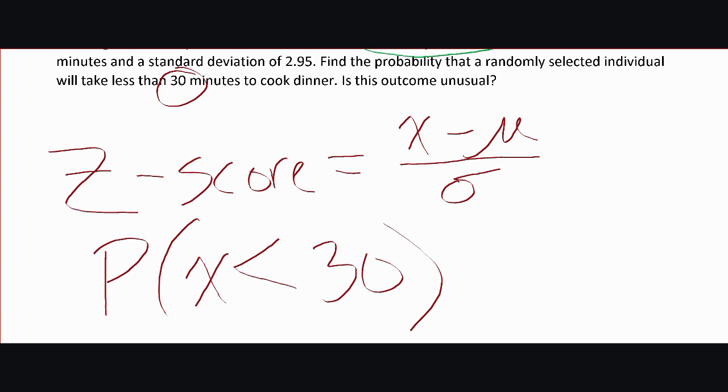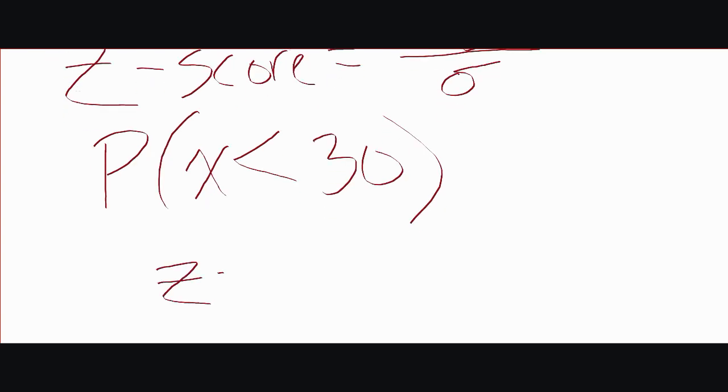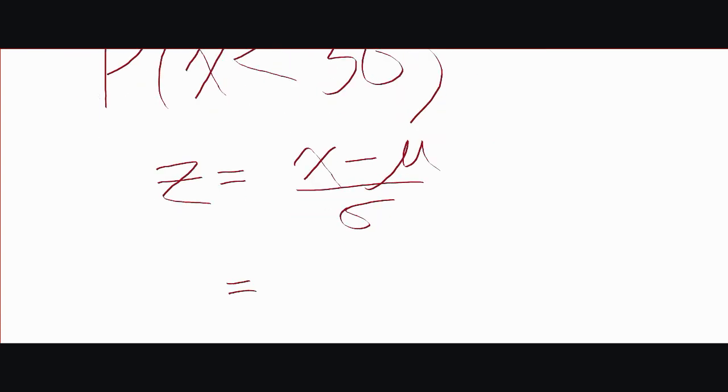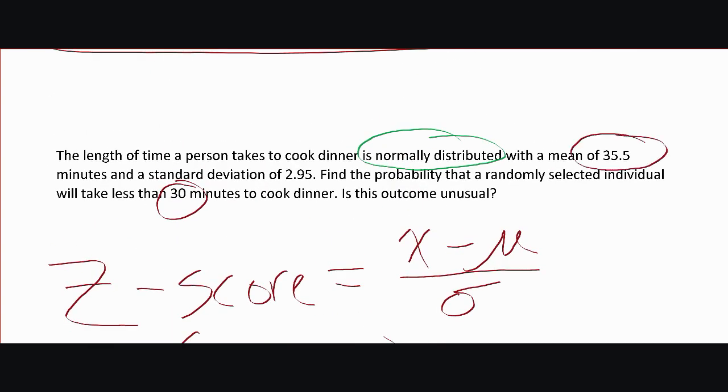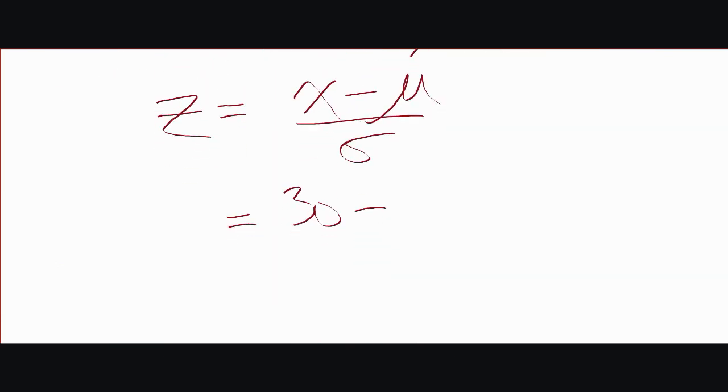So our z-score, z is equal to x minus the mean divided by the standard deviation. So our x is 30, so z is equal to 30 minus, and our mean from the problem was 35.5. So we're going to subtract 35.5 from our x value and divide it by our standard deviation.